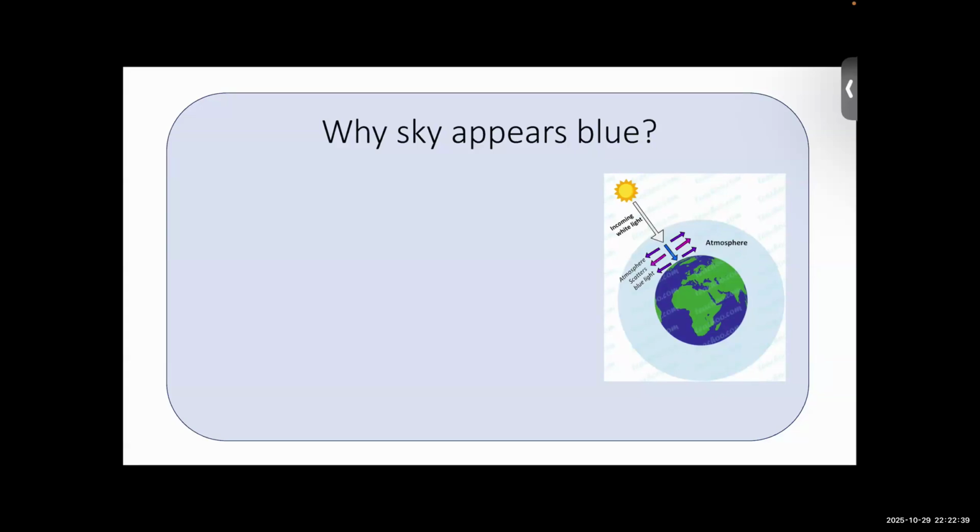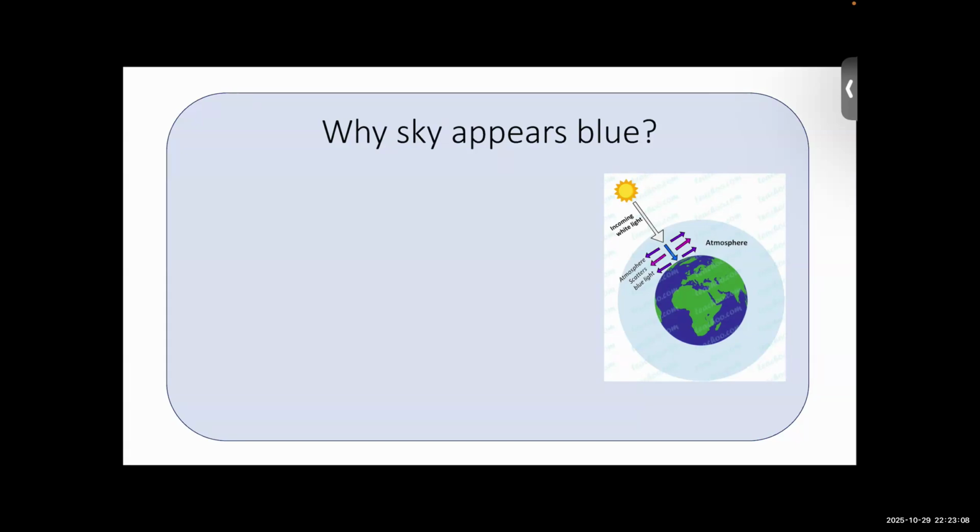It is scattered by the gas molecules in the atmosphere. But the orange and red light comes near the earth's surface, right? Yeah, they are least scattered. They are not much scattered. So the sky should be red, because the red and orange... No, no, it is not like that.